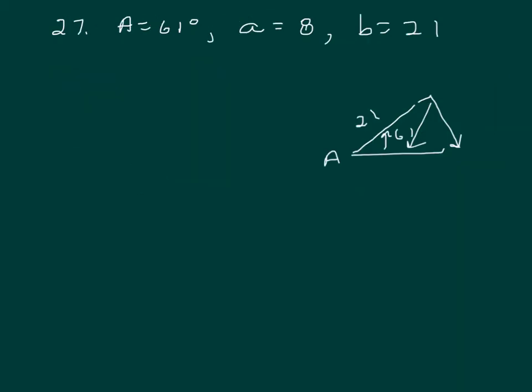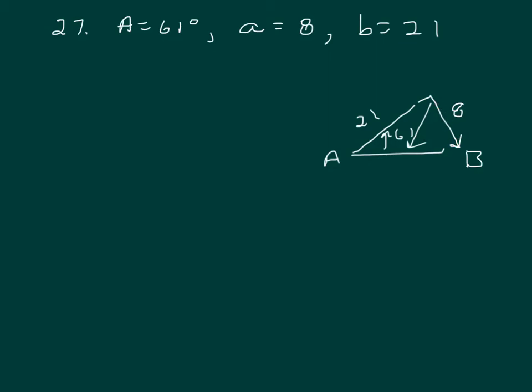In problem 27, we're asked to decide if we can solve the triangle. So I drew angle A equals 61. A would be 8, and call this angle B, would be 21. In this case, two things can happen.